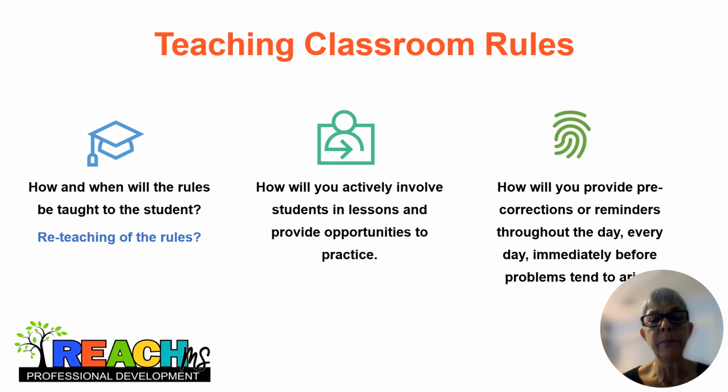And then the other big part about rules is how are you going to use that pre-correction that I talked about or reminders throughout the day, or we always know there's certain times during the day when behaviors seem to bubble up a little bit more than others. So how are we using that pre-correction or those reminders prior to when we know that problem behaviors have a tendency to arise?